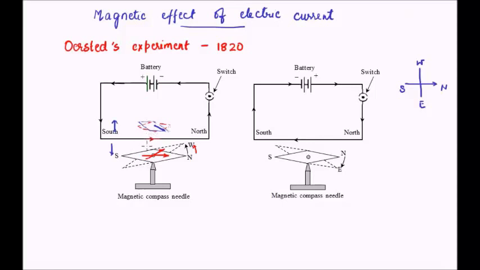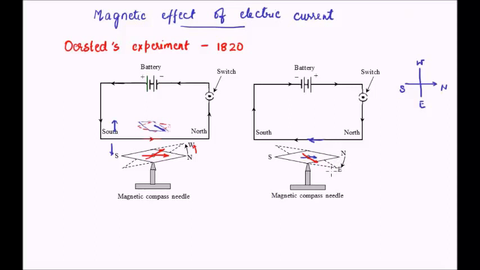Next, he switched the polarity of the battery. That is, he made this the negative terminal and this the positive terminal. As a result, the direction of current changed. Now the direction of current was this instead of this direction. What he observed is a phenomenon just opposite to the first case. That is to say, if the magnetic needle was placed below the wire, now instead of pointing south to north, it started pointing a little towards the east, that is to northeast.